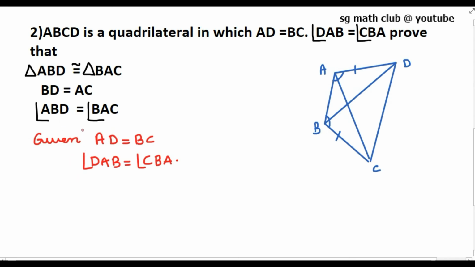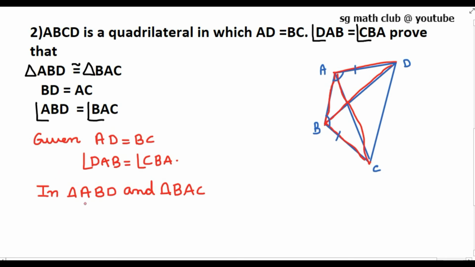So first we will take those triangles only. In triangle ABD and triangle BAC, these are our triangles.